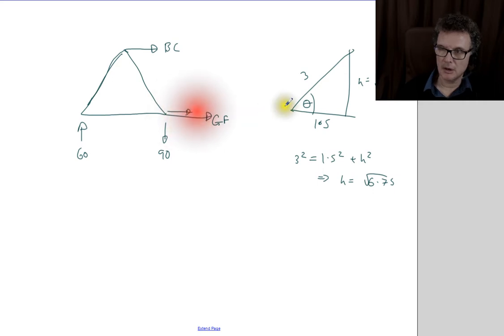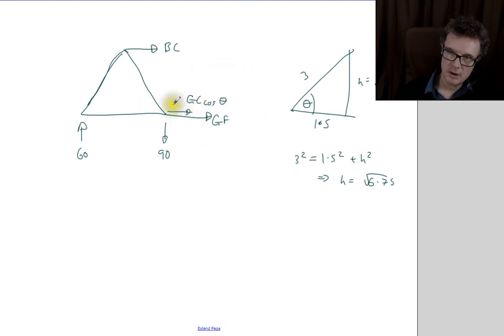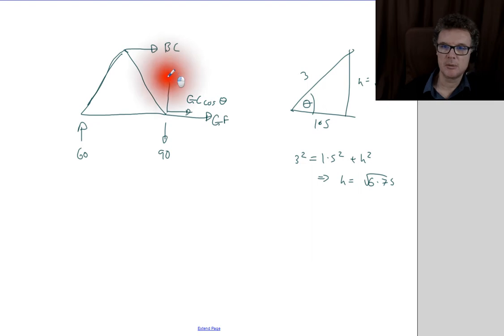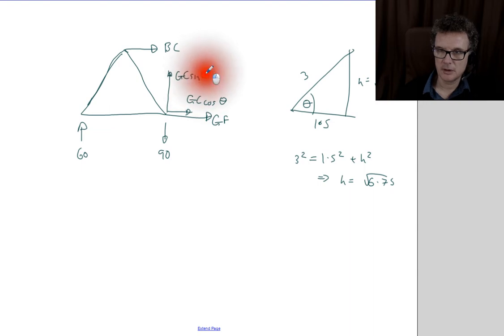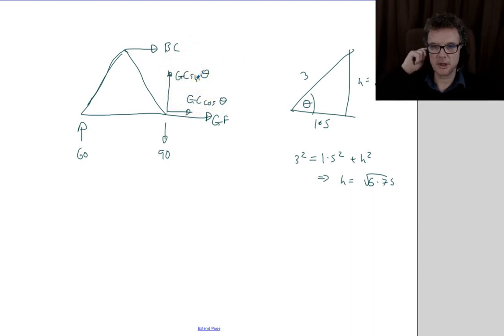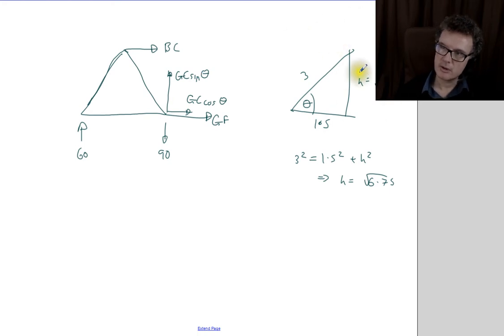So that's what we're trying to do, is split up this GC. So resolve it through cos theta. So that's GC times cos theta. And the other one will be the opposite of a cos. So that's GC sine theta, going upwards like that. Okay. Now we could use our triangle and work out some trig here.